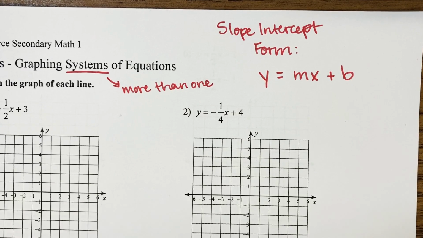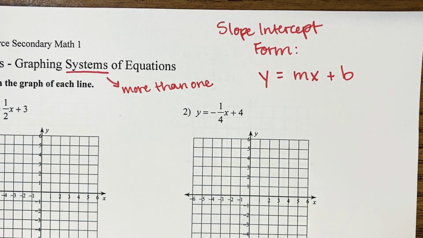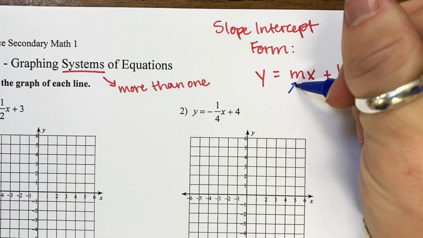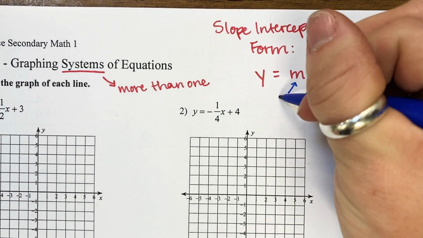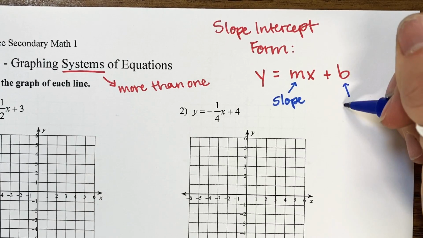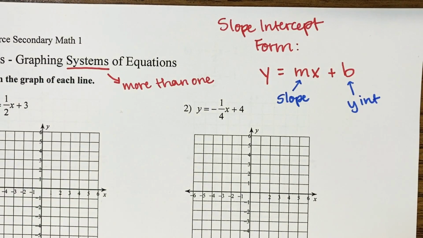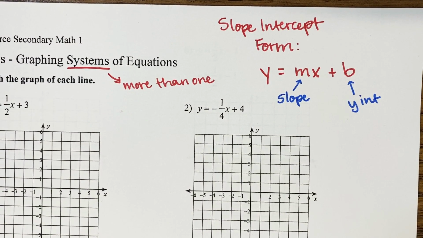Okay, so when we have all these letters, we know that x and y are always going to stay x and y. You're always going to see an x and a y in these equations. But the m, or whatever's in front of our x, is our slope. You guys know that. And then our b is our y-intercept. Okay, so that was just a quick little reminder.